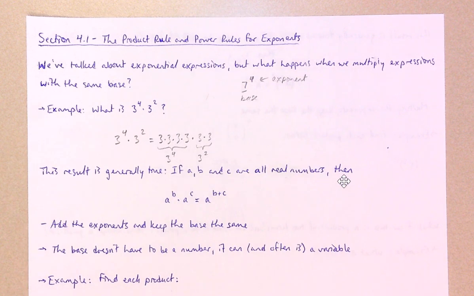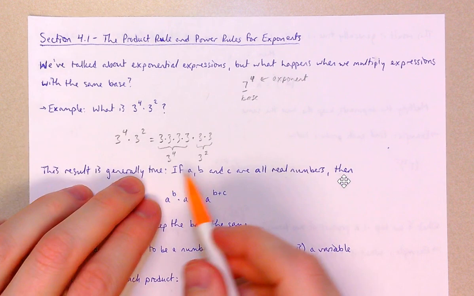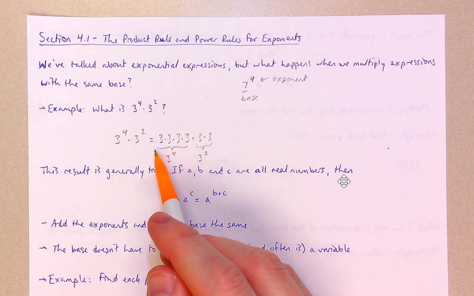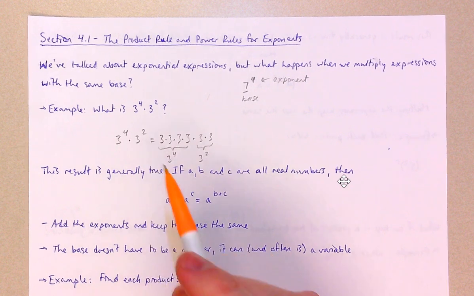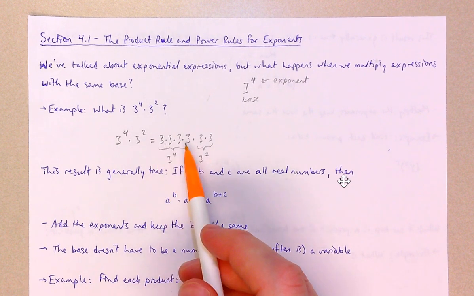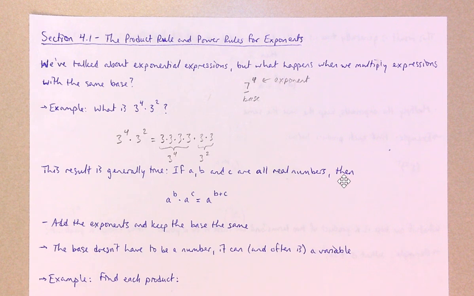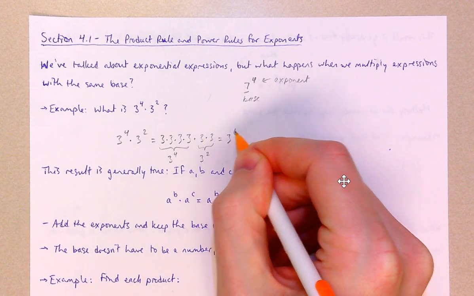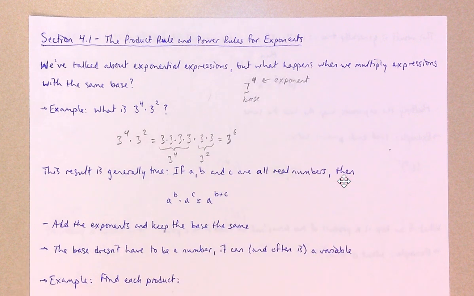So all we've done is rewrite what we had. But instead of looking at this as a piece times a piece, now let's look at the whole thing. Really what I'm doing overall here is multiplying 3 by itself 6 times: 3 times 3 times 3 times 3 times 3 times 3. Using that same definition of what an exponential expression is, this is the same thing as 3 to the power of 6.